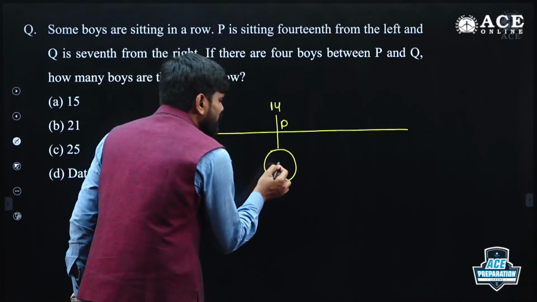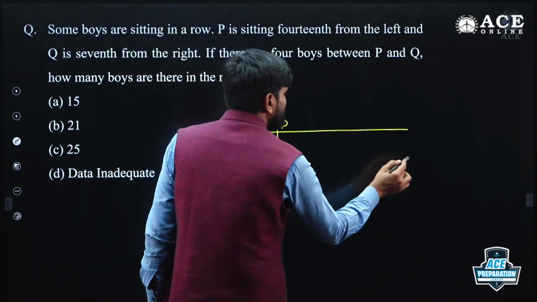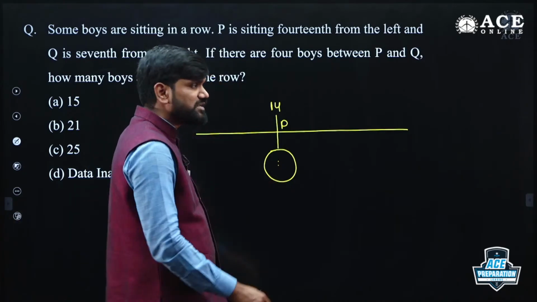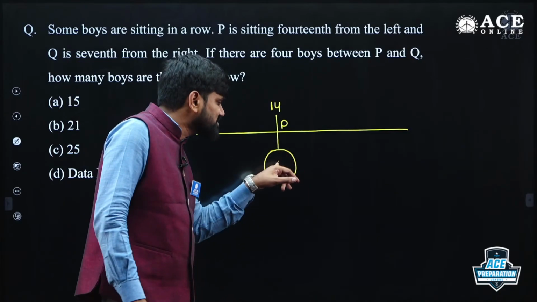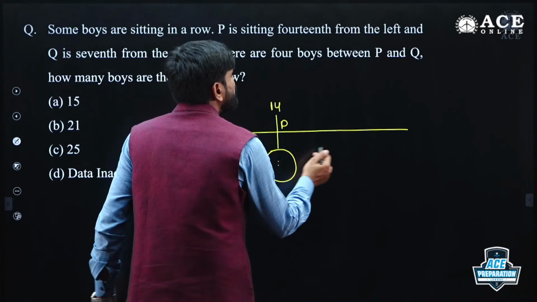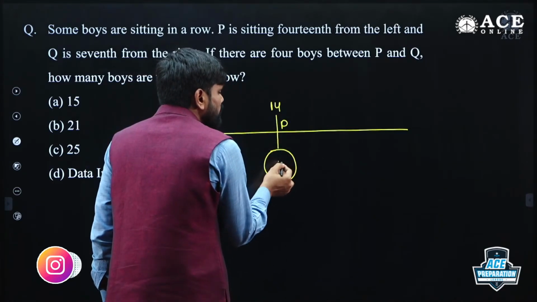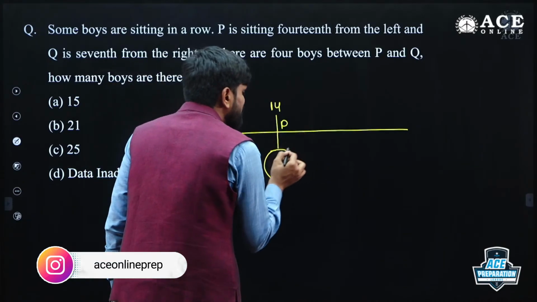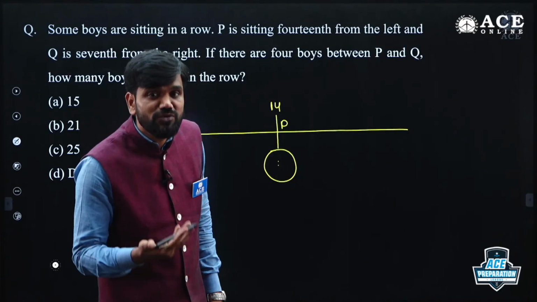So unless I know the position of P from the right, I cannot decide whether Q comes towards the right side of P or towards the left side of P. Say suppose P is 10th from the right, so Q should be coming before this one. Say suppose P is 4th from the right, Q will come after this one. That is why, to decide whether Q comes this side or this side, I first should know the position of P from the right, which is not known.